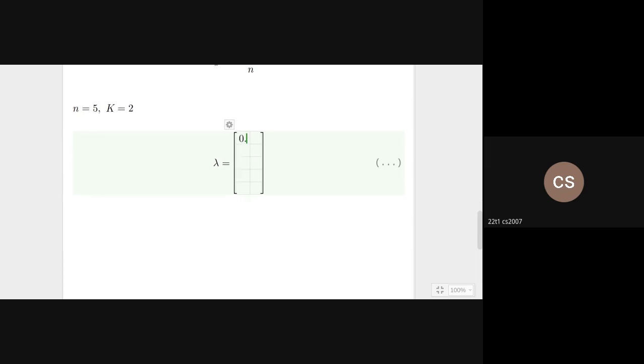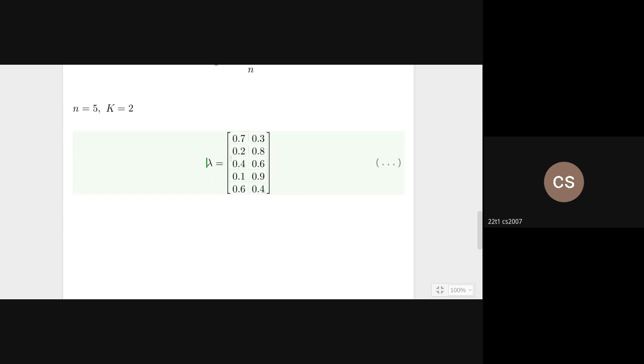Let's say the lambda values turn out to be something like this.